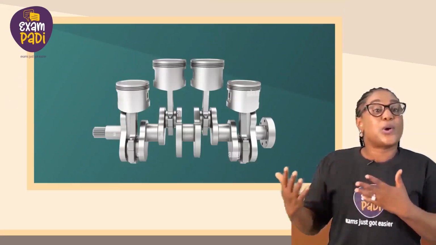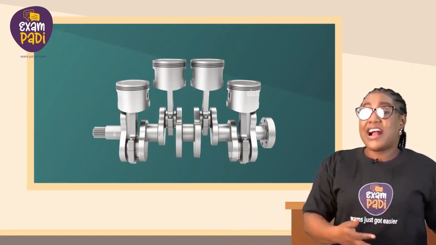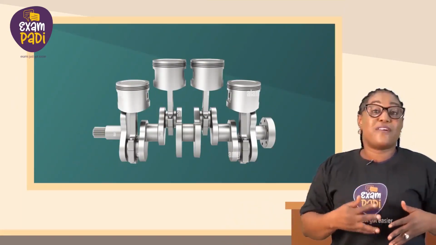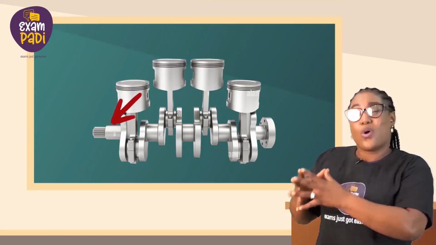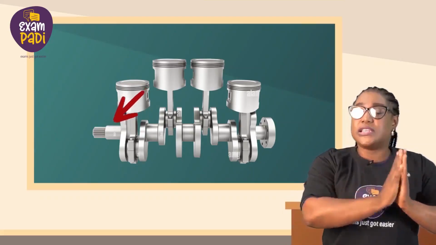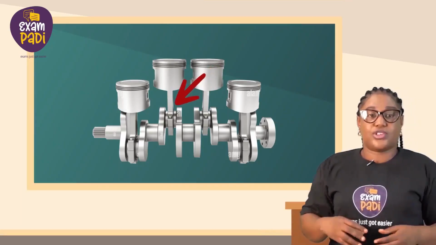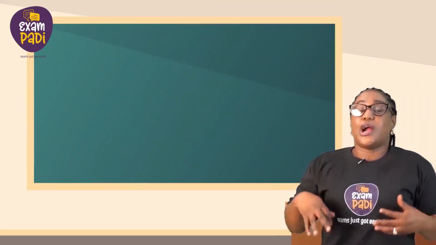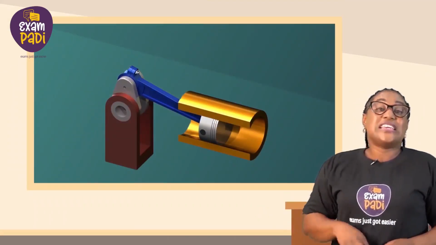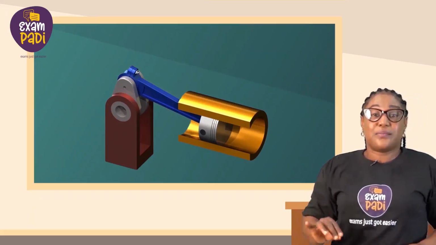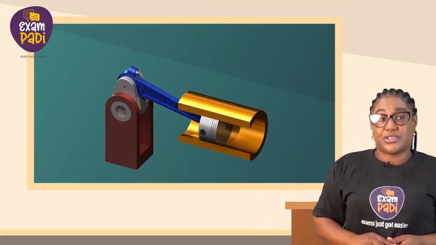2. Piston crank mechanism of a car engine is another example of converting rotary motion at one point of an engine to linear motion at another point of the same engine. 3. Crank and slider. The crank and slider mechanism is used in certain machines.